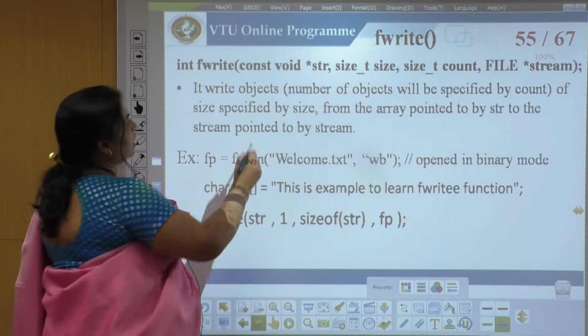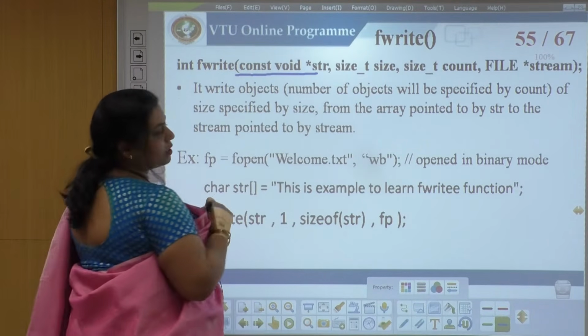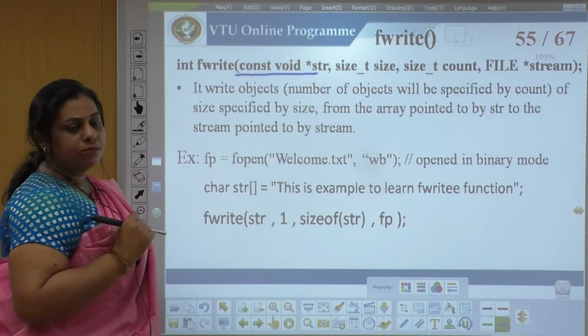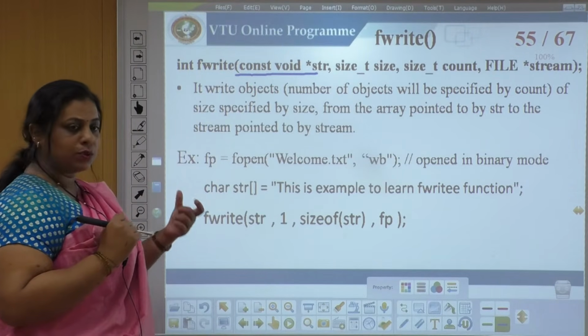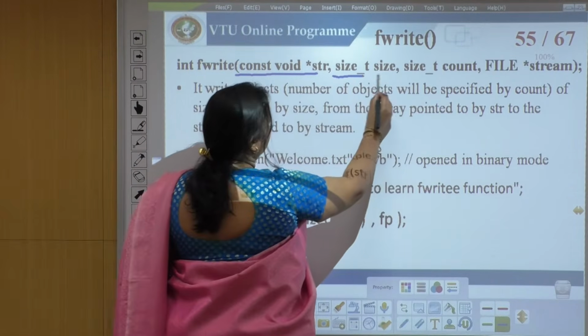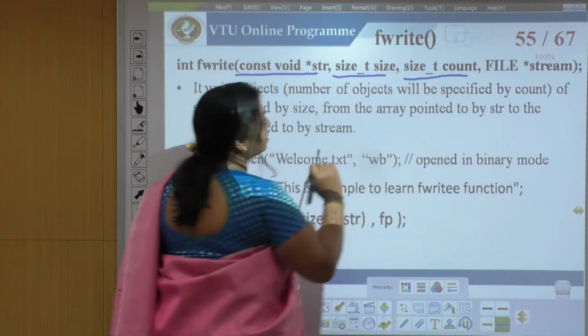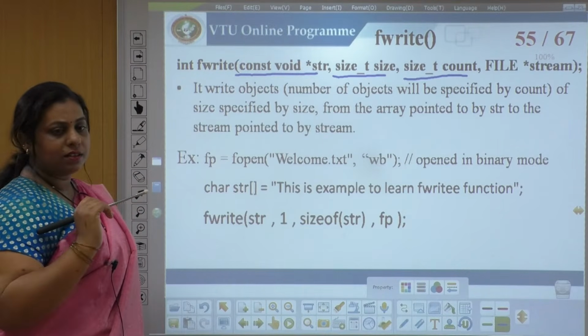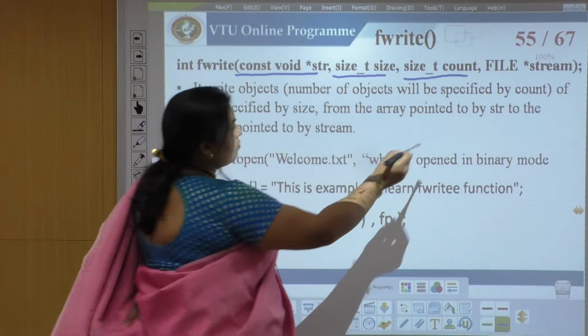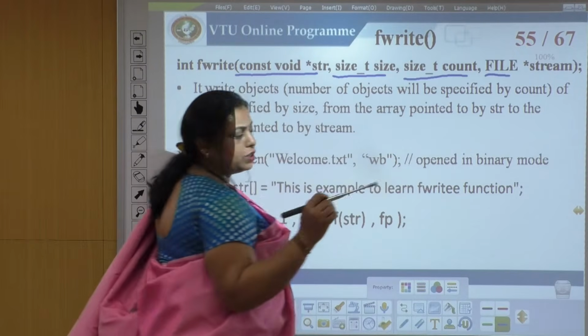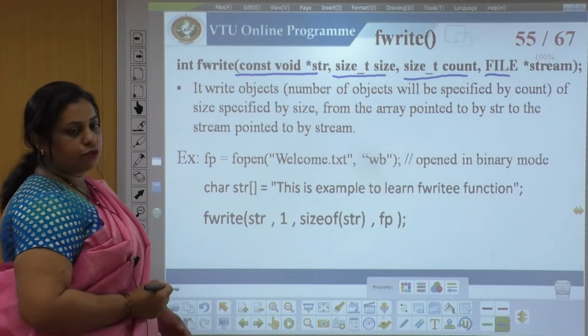Look here, I'll read the content from a string. I will mention at a time what should be the size of that particular content and how many such blocks I am reading. The last argument is onto which file I am writing the information.